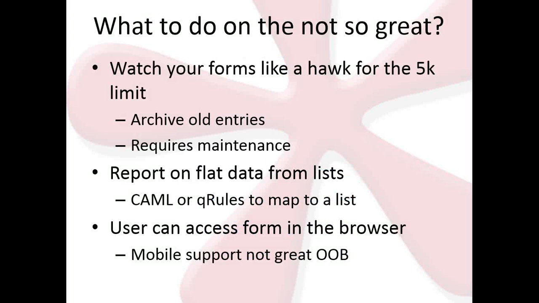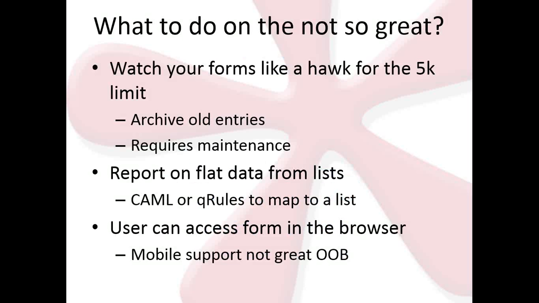A much easier method is to use Qrules to map to those various lists. But again, it's going to require some kind of setup. And sometimes it's an easy setup, but we're still going to have that 5,000 item limit because we're within SharePoint. So when you reach that limit, what do you do?